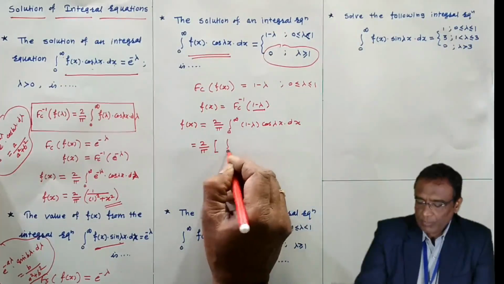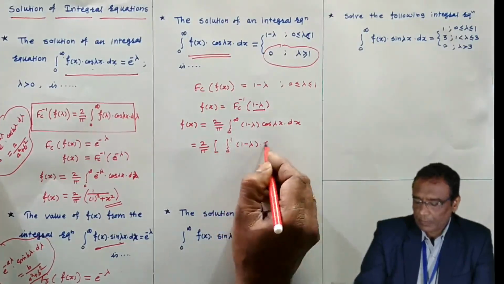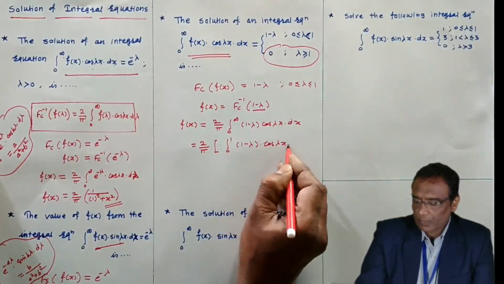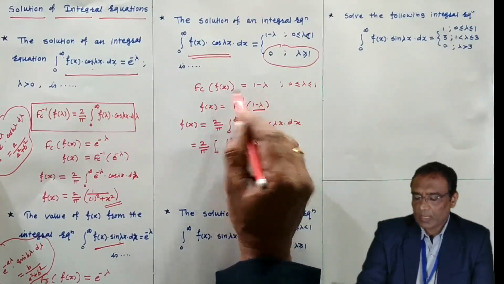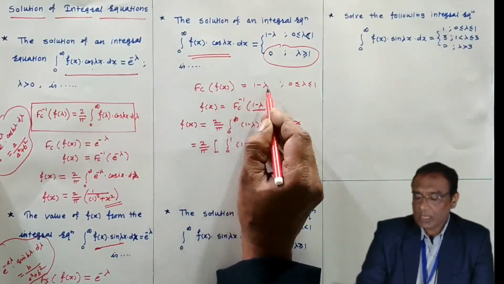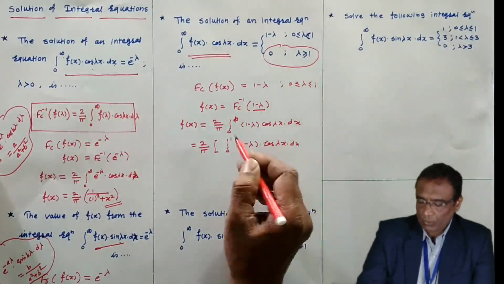Here I am adding one more step: it will be 0 to 1. Here you have to write 0 to 1 because the value of the function is 1 minus lambda for 0 to 1, and for the rest of the interval it will be 0.